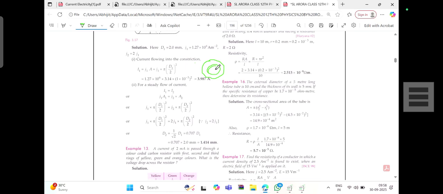It is clearly told that the external diameter of the 5-meter long hollow tube is 10 centimeter.